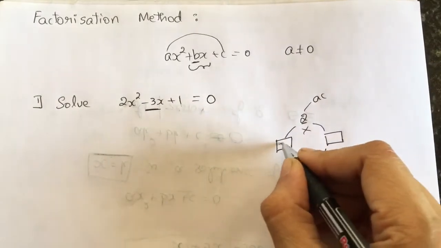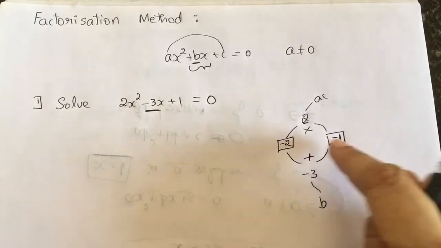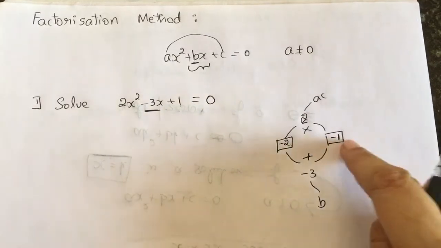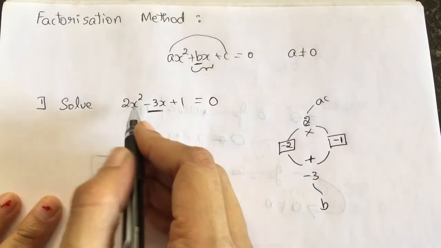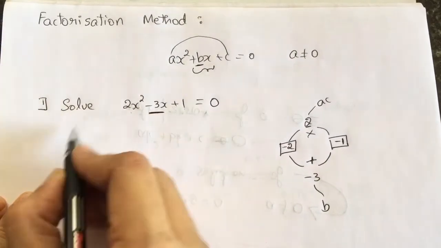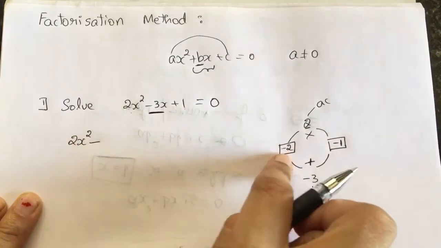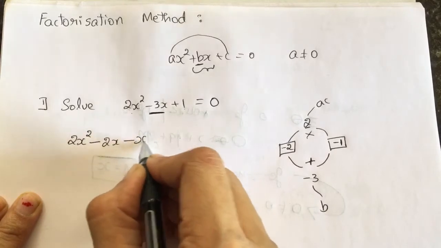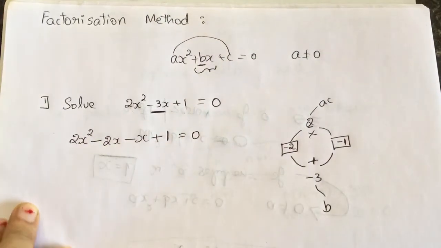So minus 2 and minus 1 are the numbers which give me product AC as 2 and whose sum is minus 3, which is B. Right? So I'm rewriting this term now: 2x square minus 2x minus 1 into x is minus x plus 1 equal to 0.